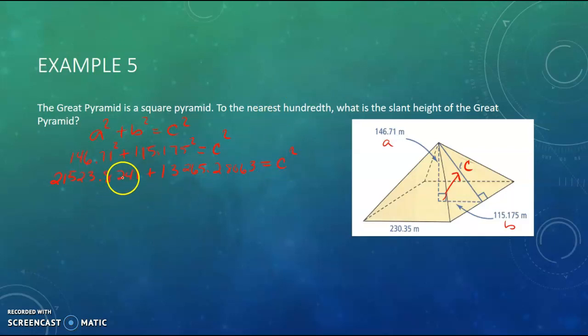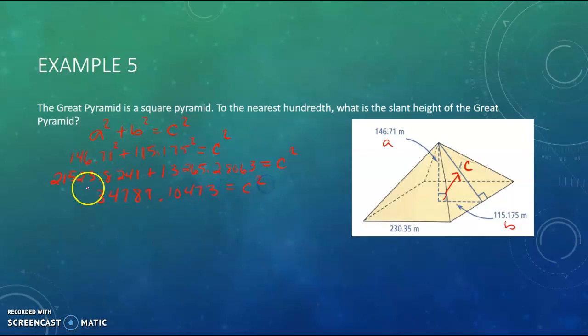And yes, I would keep as many decimals as you can, because the more you round, the less accurate your answer is. And so I kept all of my decimals for this so that I can have the most accurate answer in the end. When we add these together, I'm going to get 34,789.10473.